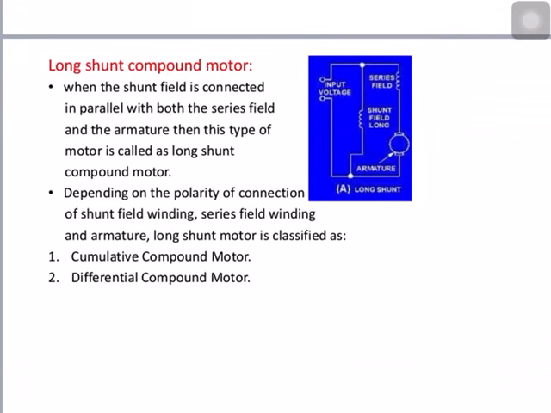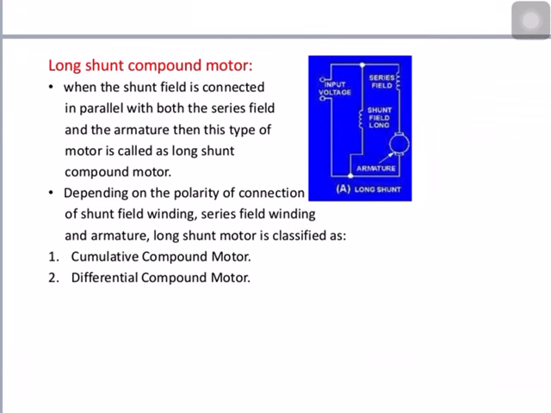Here in DC compound motors, both shunt and series fields act simultaneously. In the cumulative compound motor, the series field assists the shunt field. And in such motors, when the armature current increases, the field flux also increases.